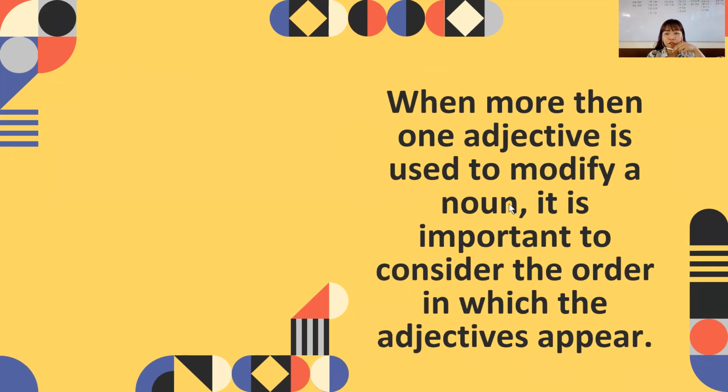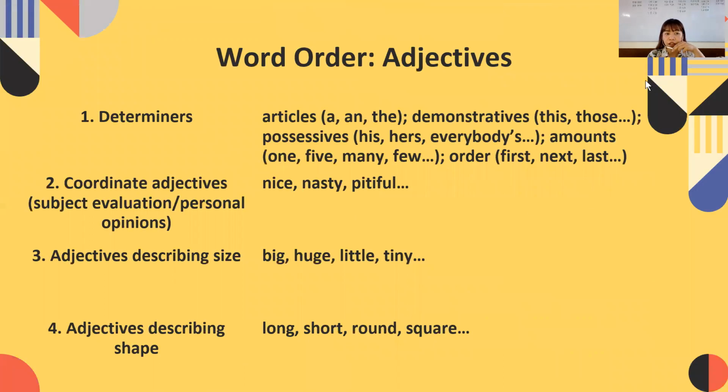But then, when we have more than one adjective in a sentence, for example, or in a text, to modify or describe a noun, we have a general word order to follow in sequencing the adjectives. So it is not according to your preference when more than one adjective is present in a sentence modifying or describing a noun.